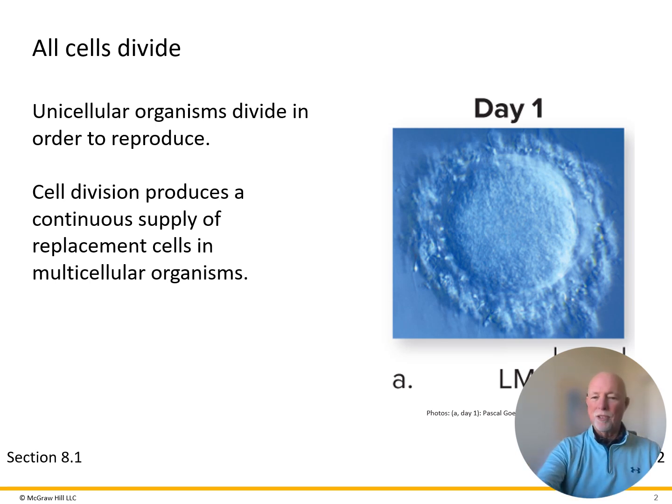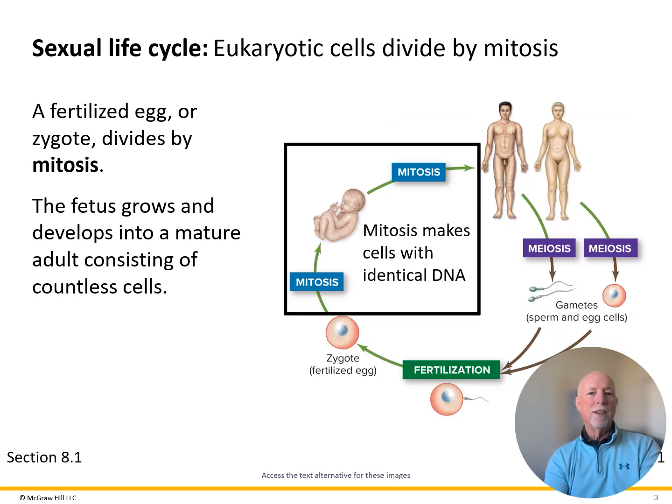And this is a classic cell right here, a nice micrograph picture of a cell. All cells divide. All cells go through cell division. Now, eukaryotic cells like in our body divide by a process we call mitosis. You might remember that term from high school biology.